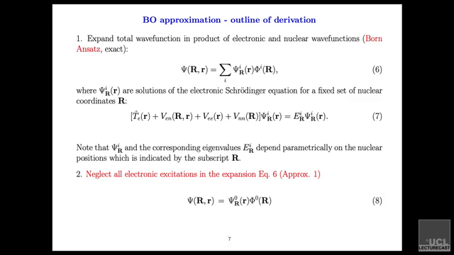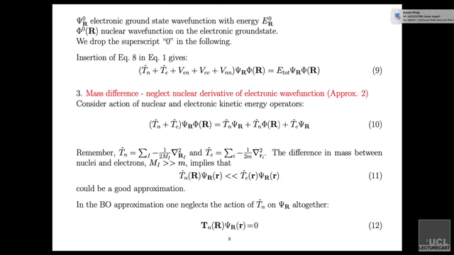In the second step, you make the first approximation: you remove all the terms with electronic wave functions that are not the ground state. So I only keep the ground state wave function, and then you only end up with a single term here for the ground state potential energy. And then you insert this into the fully coupled electron-nuclear Schrödinger equation.